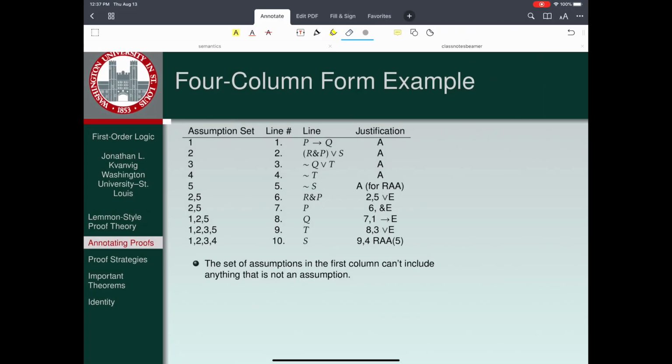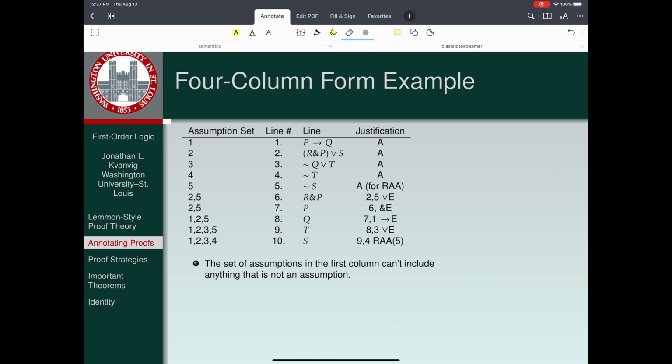That completes our general discussion of the nature of a Lemmon-style proof system. I want now to show you what proofs look like when they're done properly as Lemmon-style proofs. So here's an example.